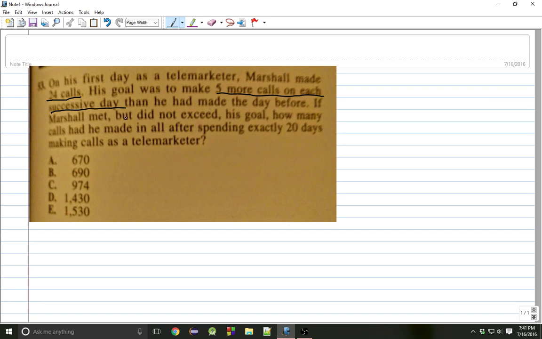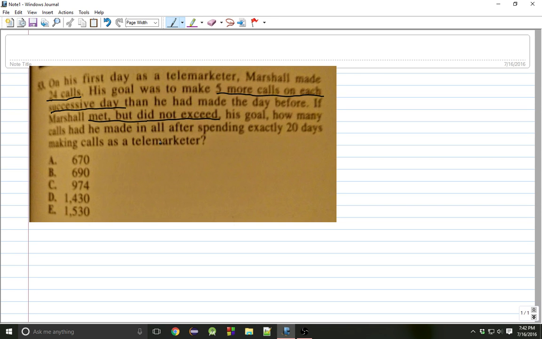If Marshall met but did not exceed his goal, so that means it's equal to his goal, how many calls had he made in all after spending exactly 20 days making calls as a telemarketer? How do we solve this?